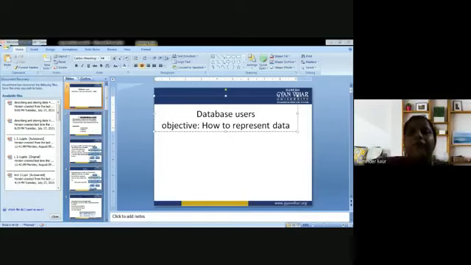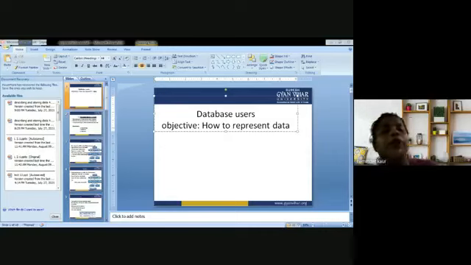Let's say I am storing some type of data in a database management system. A simple layman example: we are from the computer science department, and there are so many databases that exist for a particular semester student. If you are a fifth semester student, you might have a database related to your class in first semester, second semester, third semester, fourth semester, and now fifth semester.